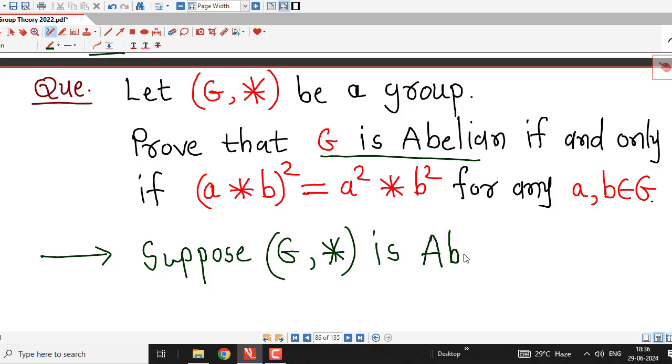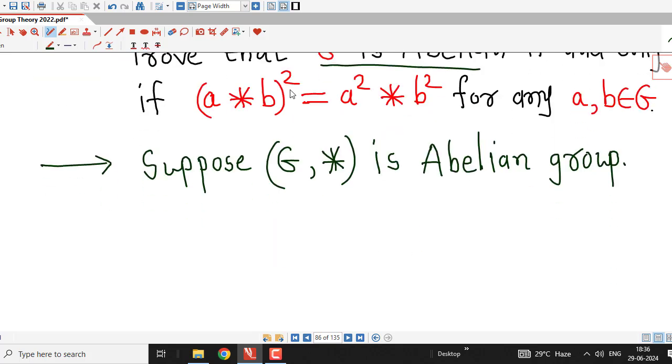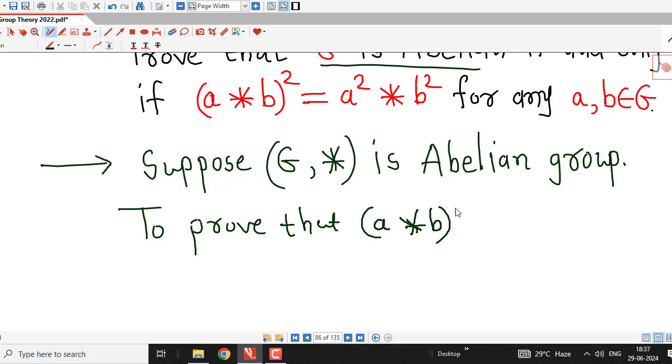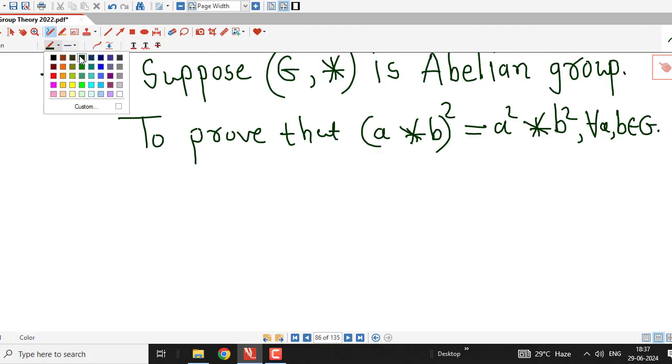First we are assuming that G with binary operation star is an abelian group, and we want to prove this property. So what do we have to prove here? To prove that the square of A star B equals A square star B square for any two elements A and B in a group G. So the proof is easy.